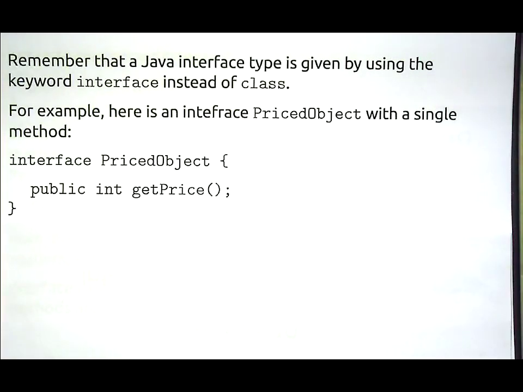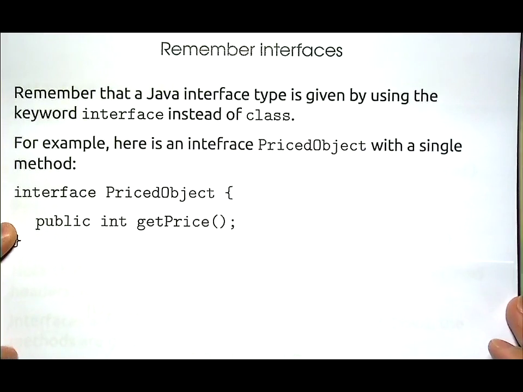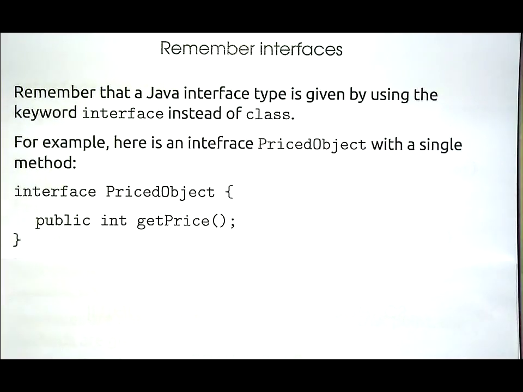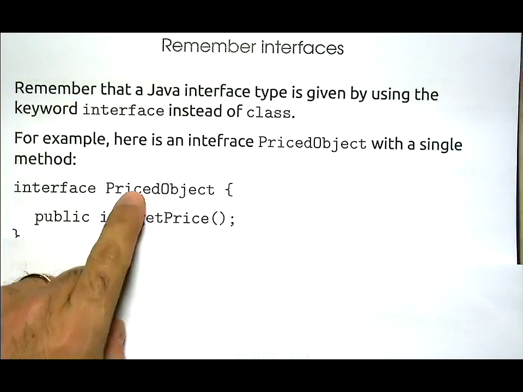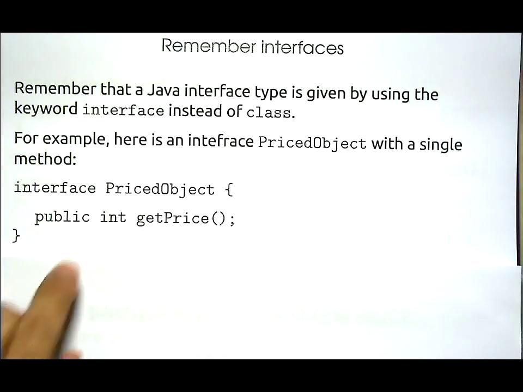If you remember what an interface is, an interface looks very much like a class, but instead of defining it as a class, we define it as an interface. More importantly, when we define an interface, we give its name, and then we give its methods, but we only give the headers of the methods. We don't give the implementation.